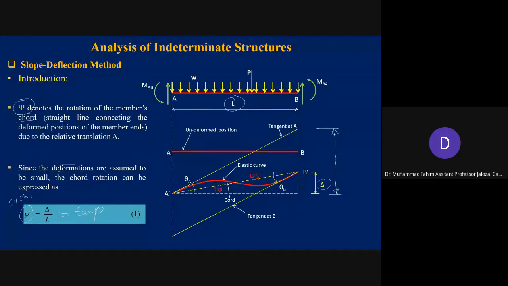This distance, what do we call this? Sir, tangential distance, B with respect to A. And then what is this distance?